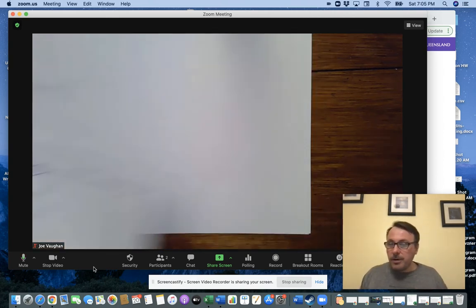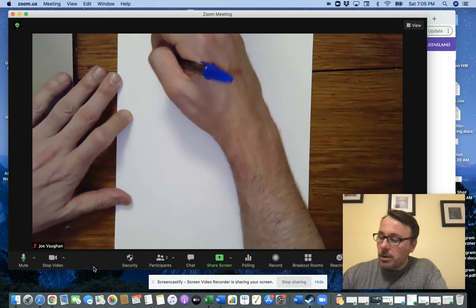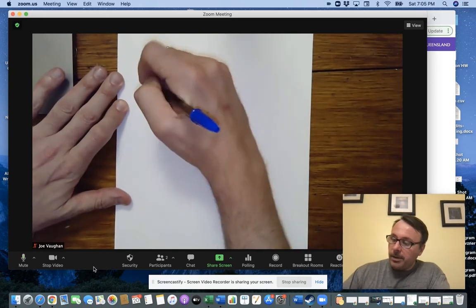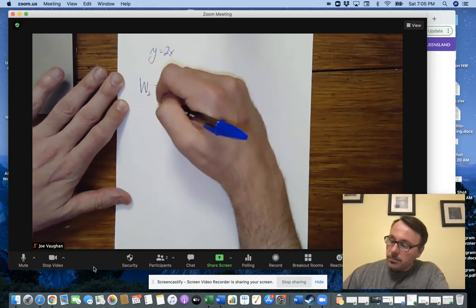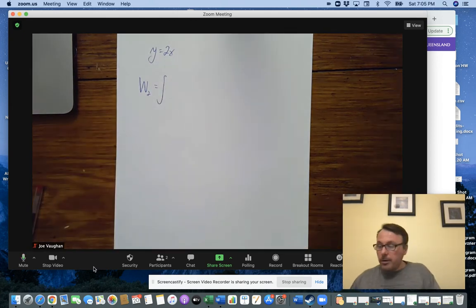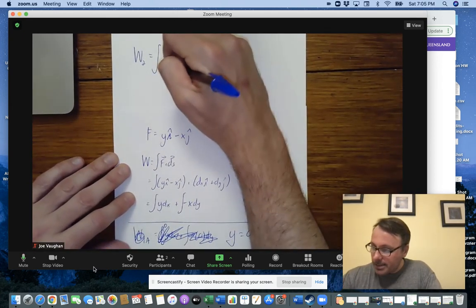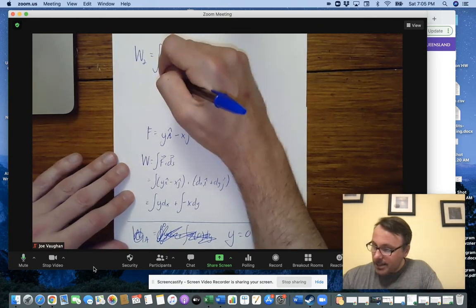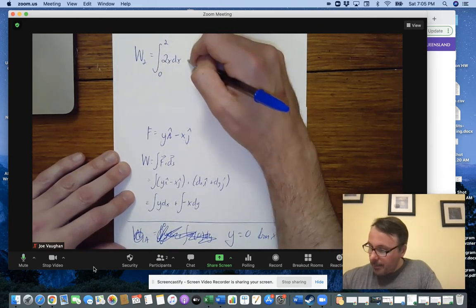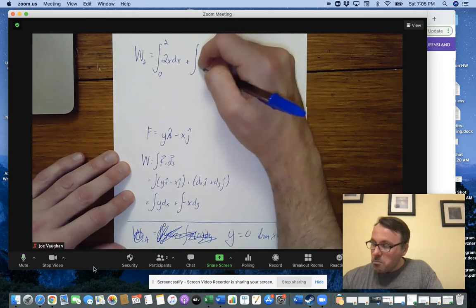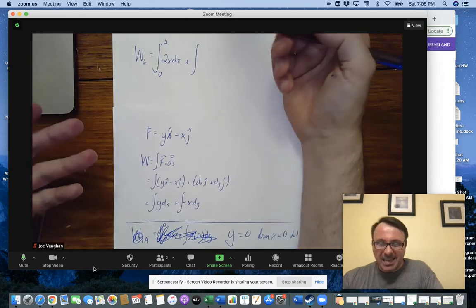So now let's move to the next path. So this is along the path y equals 2x. So work 2. So let's look at our template. And so y equals, so this is going to be 2x dx from x equals 0 to 2, and then plus, we might as well just do the swapping one because that's nice and simple.